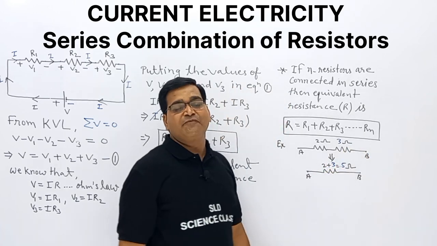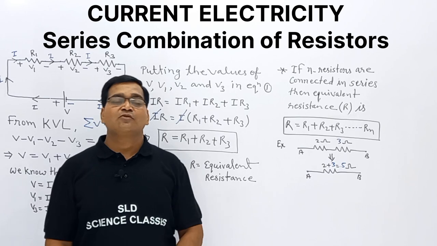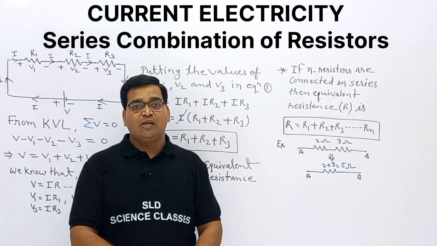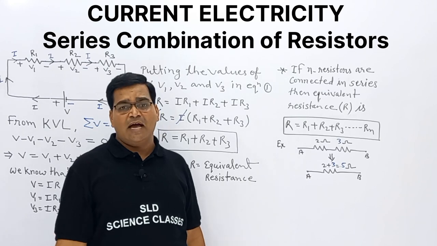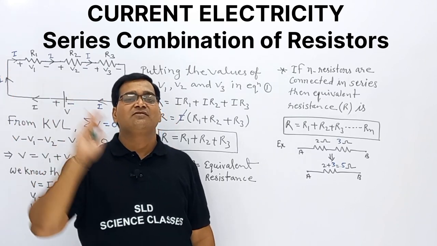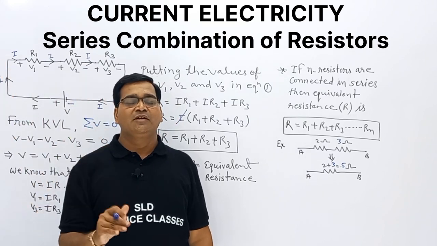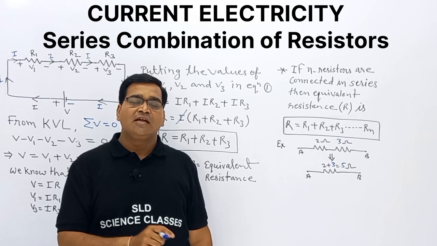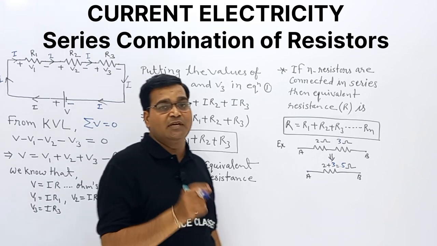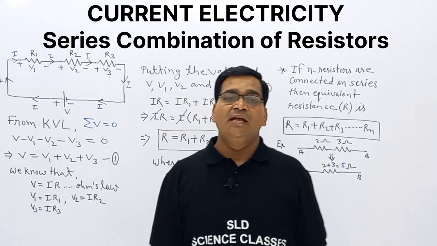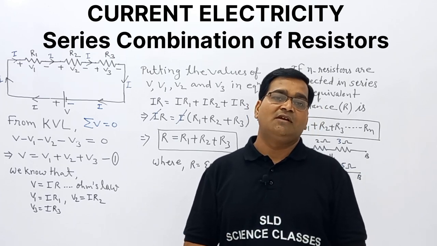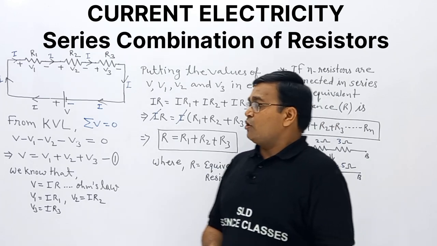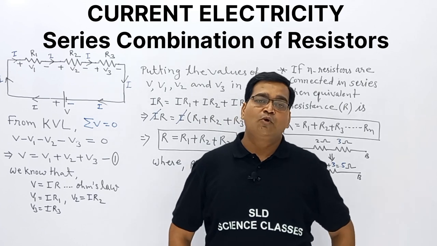Like this we can find the equivalent resistance of series resistors. If n resistances are connected in series, we add all the resistances. If 5, we add 5; if 10, we add all 10 resistances. That is the way of finding the equivalent resistance of series resistors. Clear? So that's all about this topic.